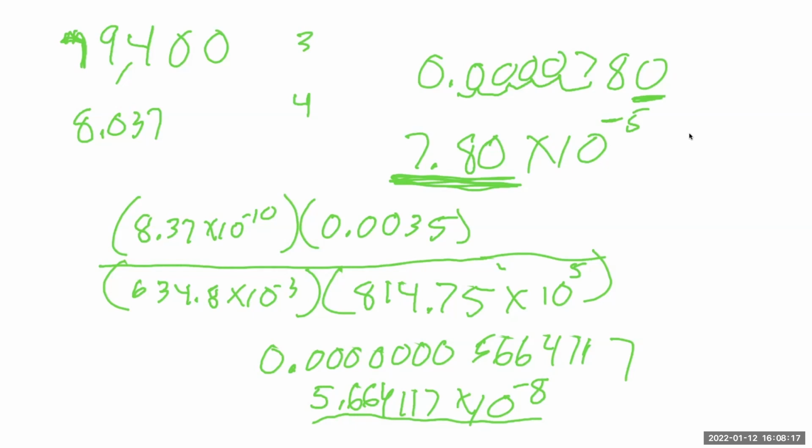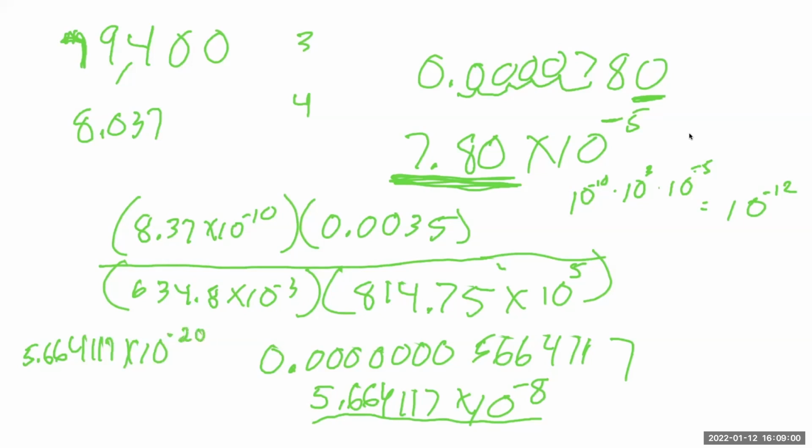Then we do the exponents. We have 10 to the -10, times 10 to the 3, because we bring that up and change the sign, and then 10 to the -5, again brought up and changed the sign. So -10 plus 3 minus 5 is -7 minus 5, so this is 10 to the -12. So we have 5.664117 times 10 to the -8 times 10 to the -12, which gives 10 to the -20.